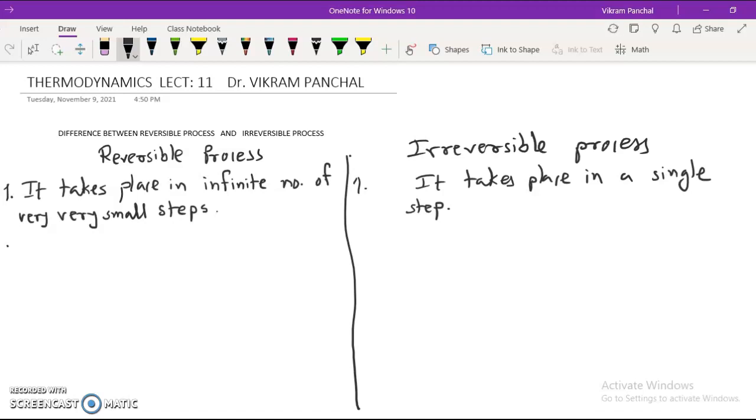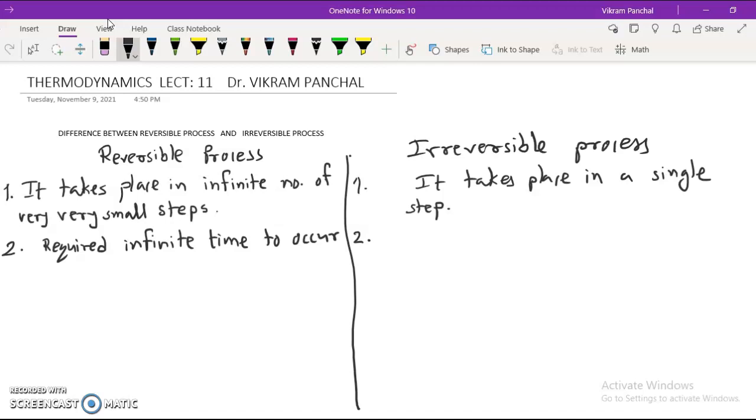Well, second point, reversible process requires infinite time to occur, because practically it is not possible to gain the initial state from the final state.